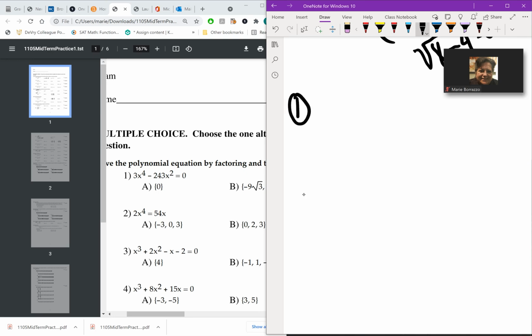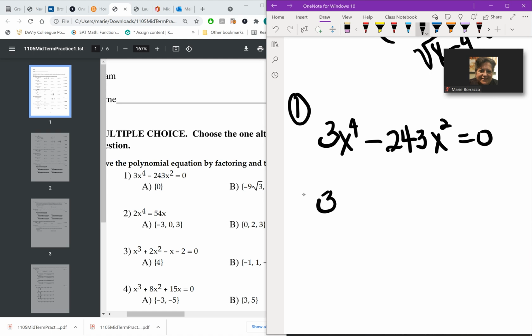In question 1, I'm looking at 3x to the fourth power minus 243x to the second power equal to 0. So what we want to do in this case is factor out the common term.